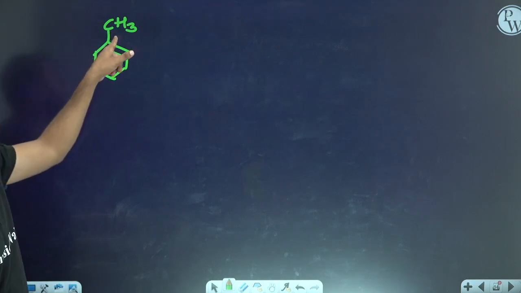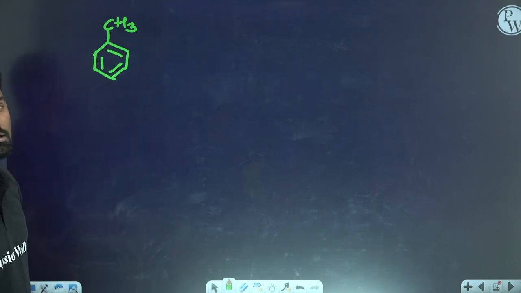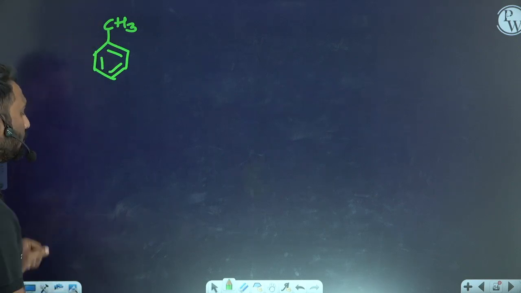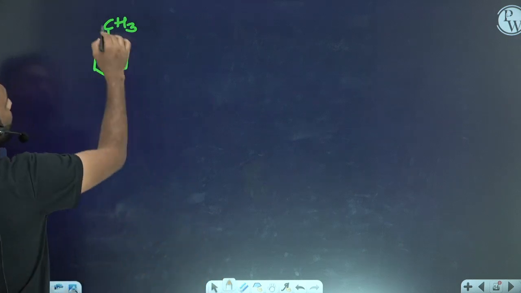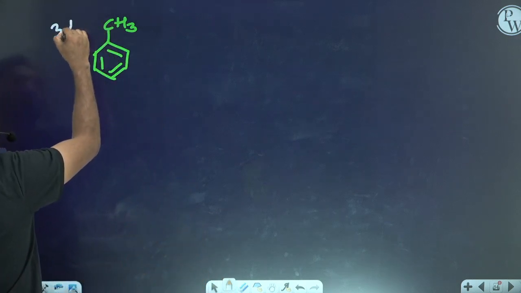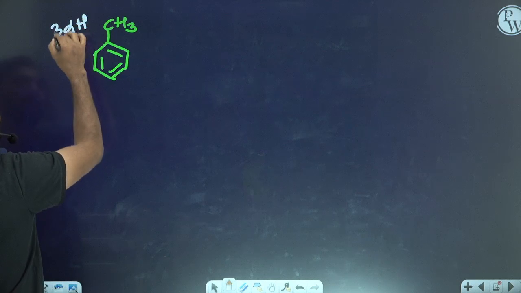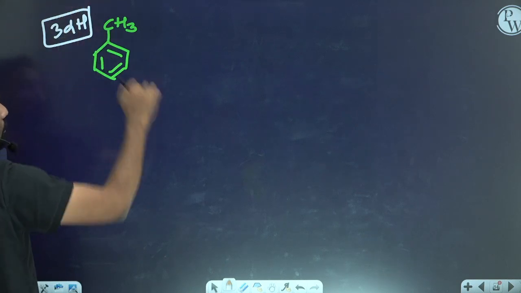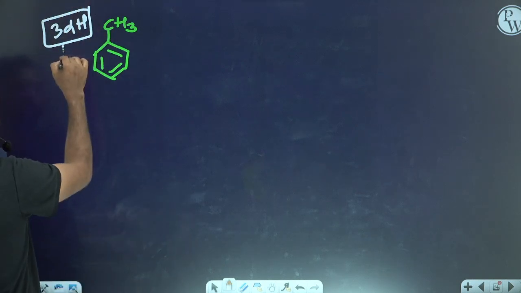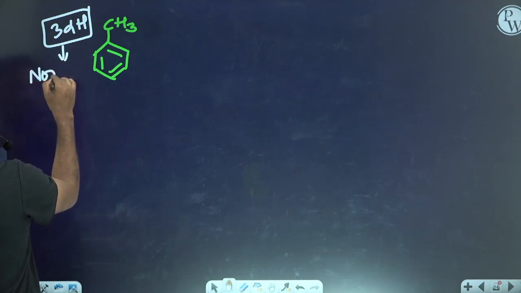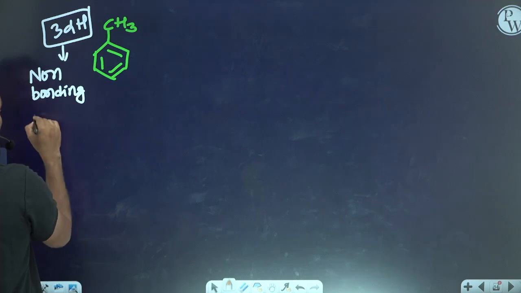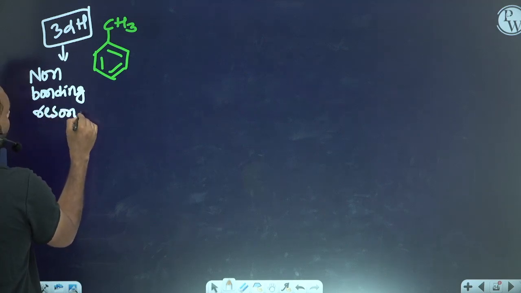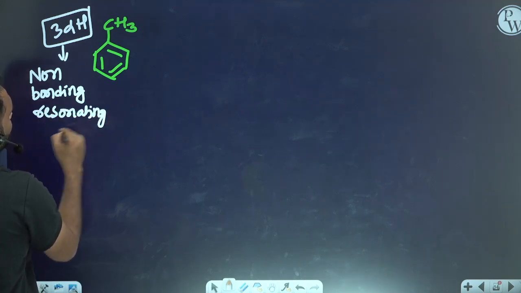It will show the non-bonding resonating structure. Here there are 3 alpha hydrogens, and these 3 alpha hydrogens will show the non-bonding resonating structure, that is, hyperconjugation.